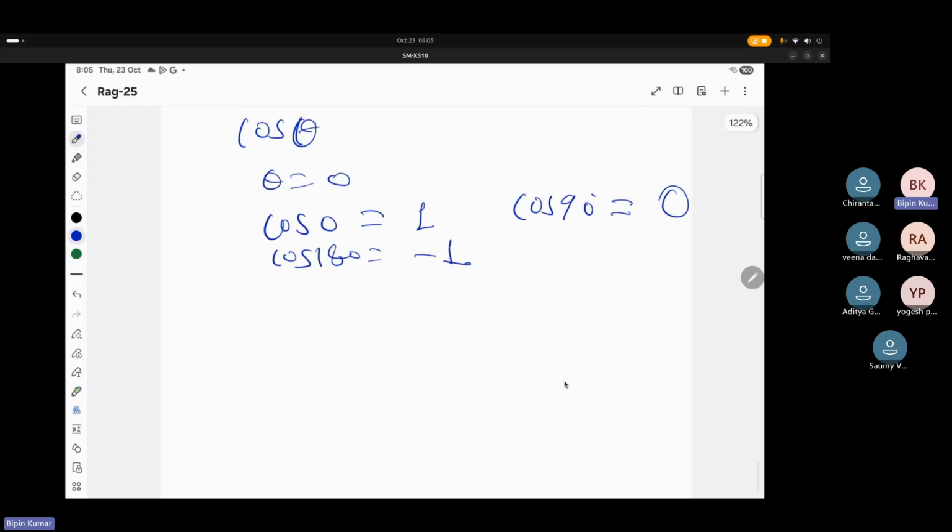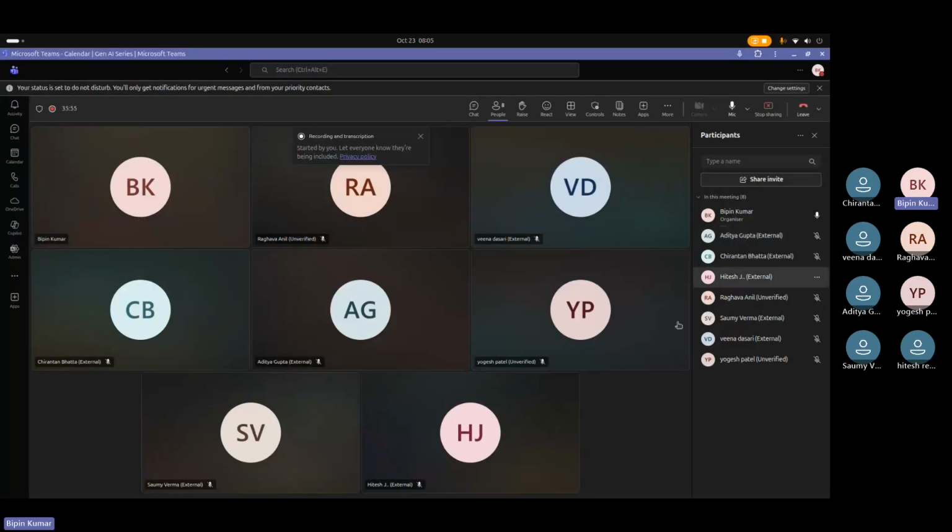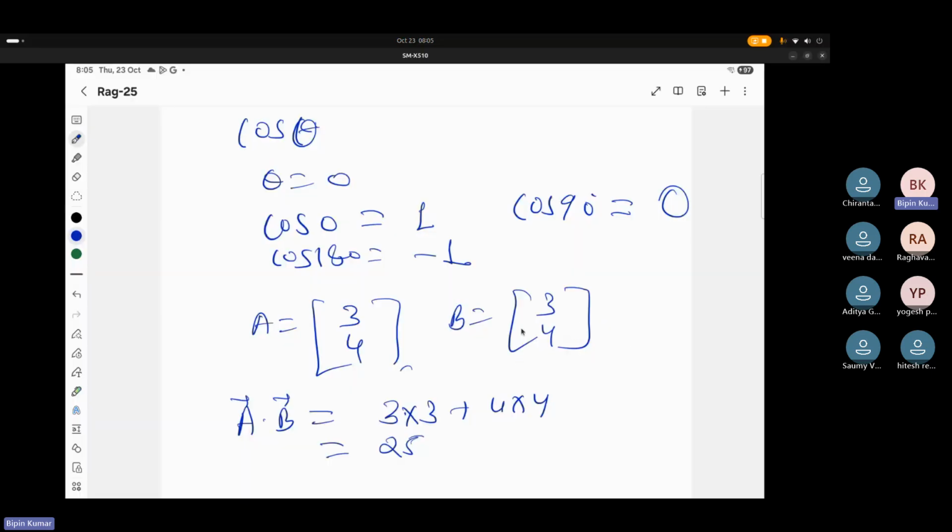Now, when theta equals 0, its value will be 1. For example, let's say my a vector is 3, 4, and the b vector is also 3, 4. If I do the dot product a dot b, it will be 3 into 3 plus 4 into 4, so it will be 25.